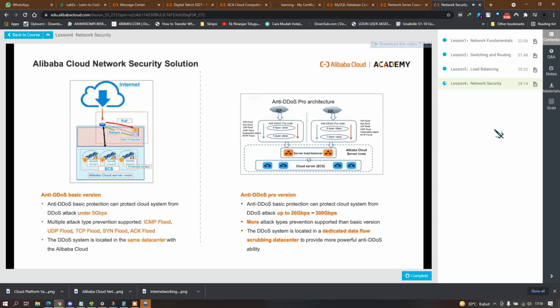And as we know, a dedicated data center will have a more powerful data washing ability than just several servers for the basic version, right? So overall, the professional version of the anti-DDoS service has a more powerful anti-DDoS ability than the basic version.